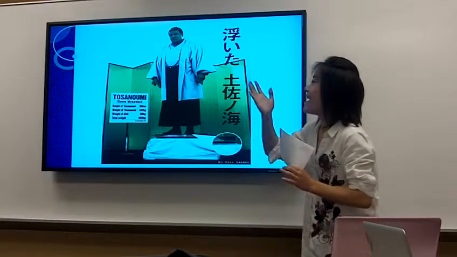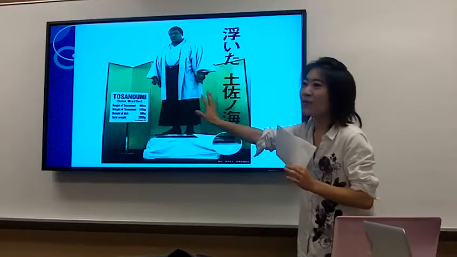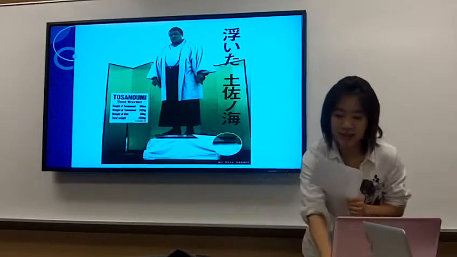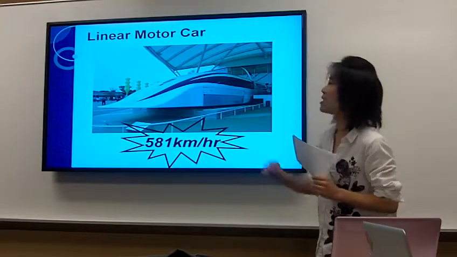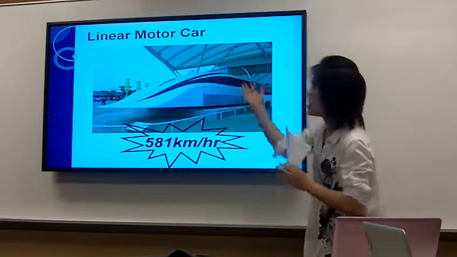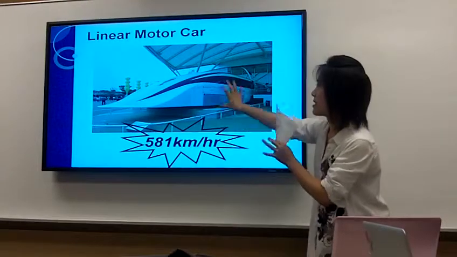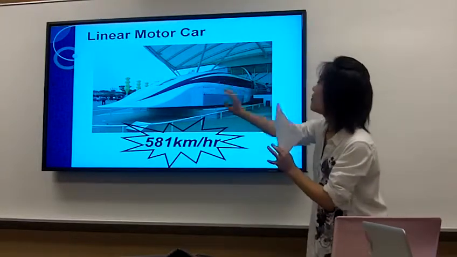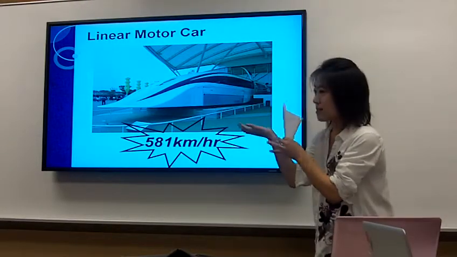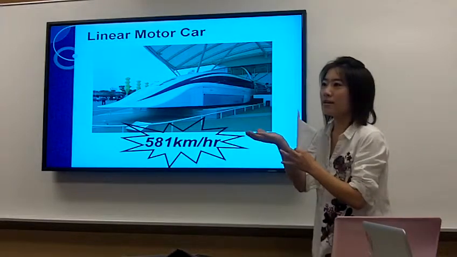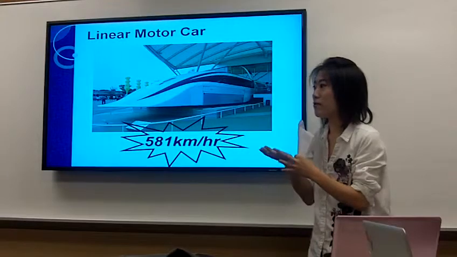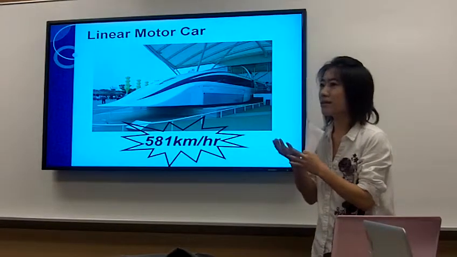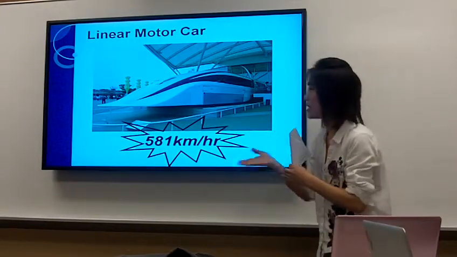Maybe you think, so what can we do with this? Actually, we can use it for linear motor cars. You can see the train just floats. It's not running, it's static now. But when it runs, the car just floats in the air, and because it floats in the air, the speed will be very fast. No friction, very, very fast.